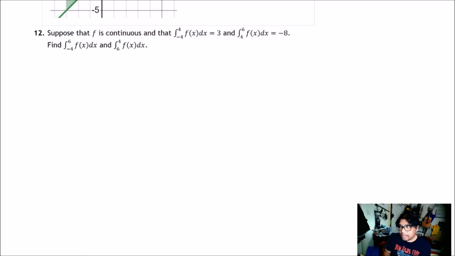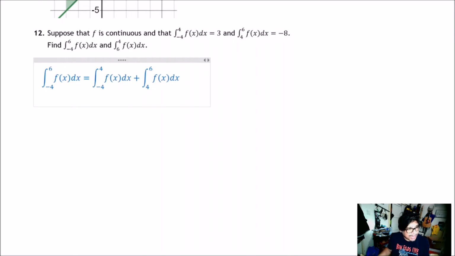This question is just playing with the order of integration, where the upper and lower limits can be interchanged at the price of a negative. And it's also kind of playing with our addition of area.